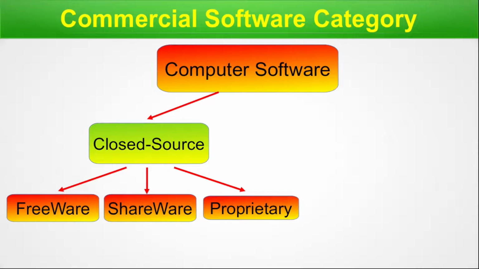Shareware is a software where you also do not have to pay the license fee. The condition is you will get advertisements in the software once you are connected to the internet. And here, if you want to remove the advertisements, you have to purchase the license. The next category is proprietary software, which is neither like freeware nor like shareware. For this category, you have to purchase the license.